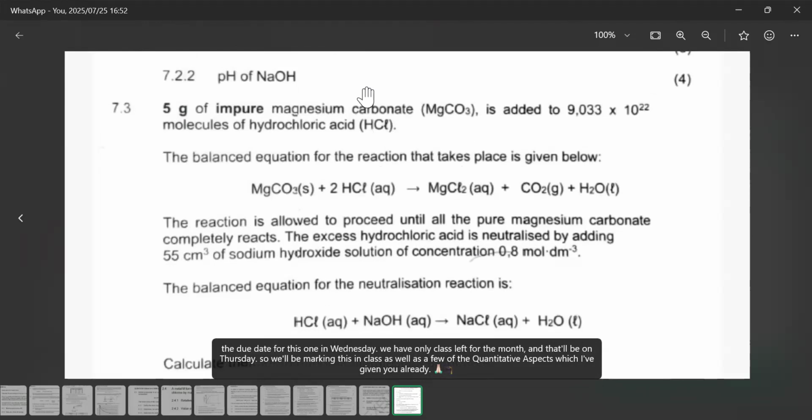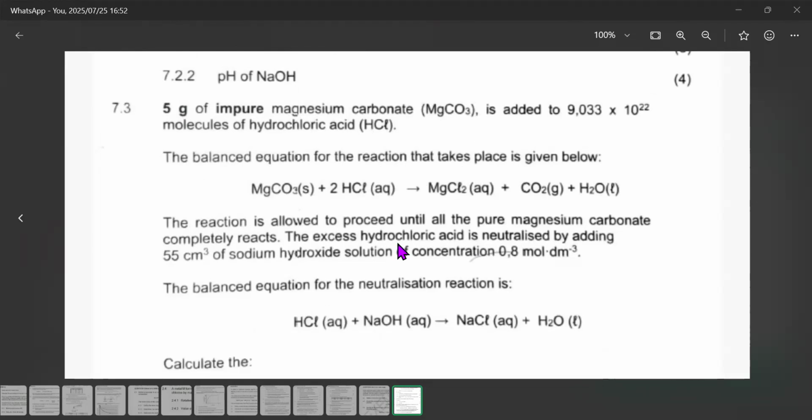So, well, we are going to use the number of molecules which is given to us because we have learned about a formula which we apply when we want to find the number of moles given the number of molecules.